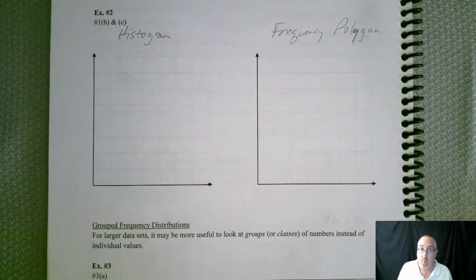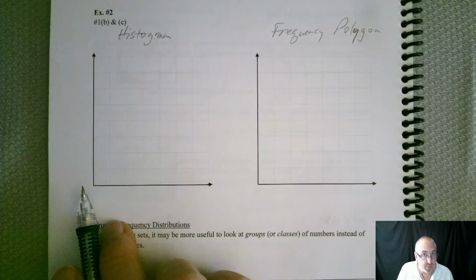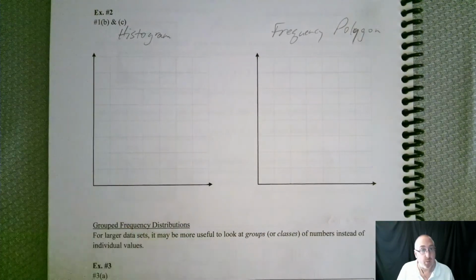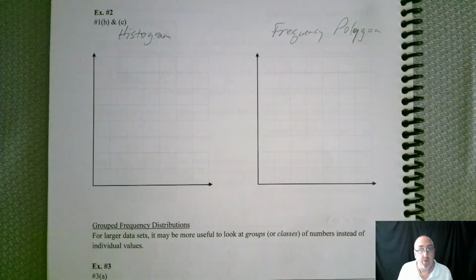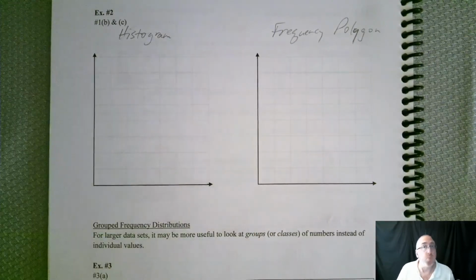Now, if we go back to our frequency polygon, the highest frequency was 10. So we can't just use a 1-to-1 scale, because we won't have enough room on the top end. We're going to have to scale it by whatever we want. If we went by 2s, that's going to double everything and we're going to get up to 16, which is more than enough.